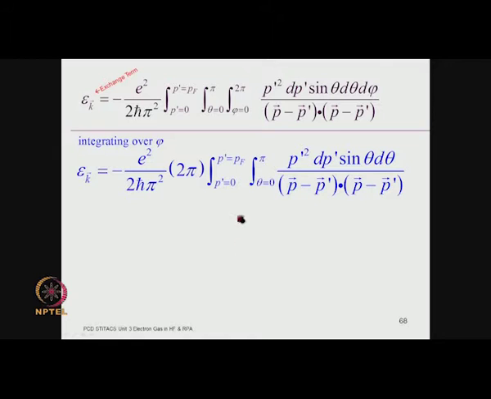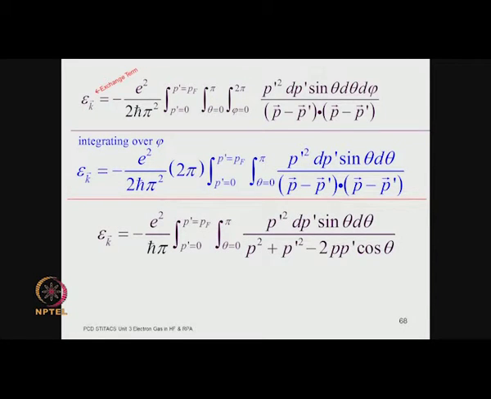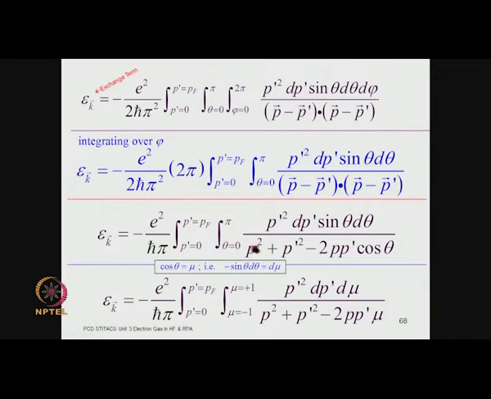Now here the integration over the phi variable, because there is nothing that will depend on phi, will give you a factor of 2 pi over here. Then you are left with integration over theta and p, and as you would have done in a large number of exercises, it is very easy to carry out this integration by changing the variable: put mu equal to cos theta, and then change the integration over theta to that over cosine theta, which is over mu, and that gives you this integral.